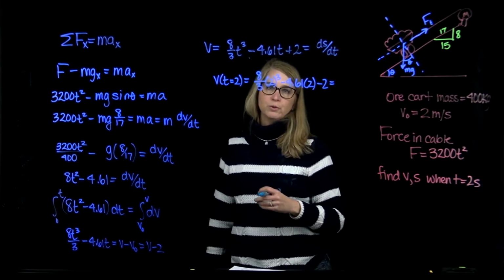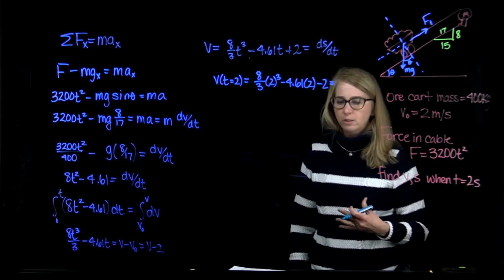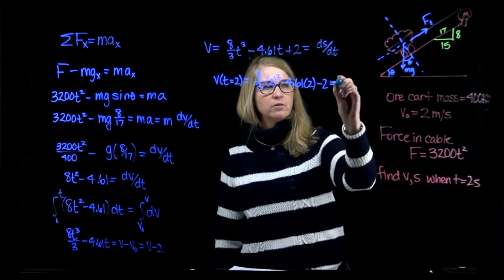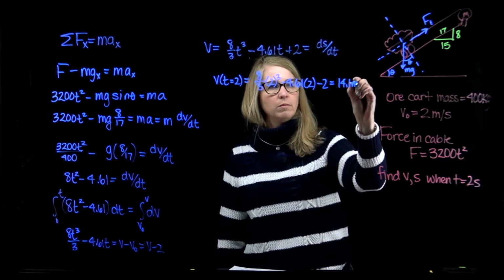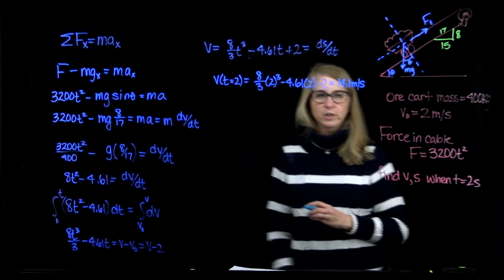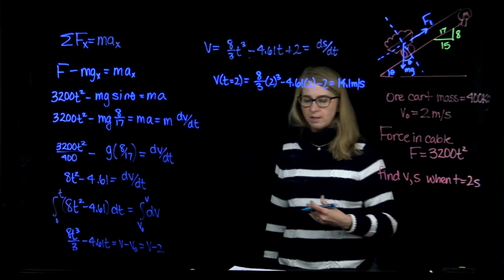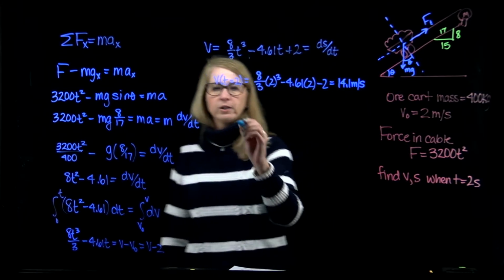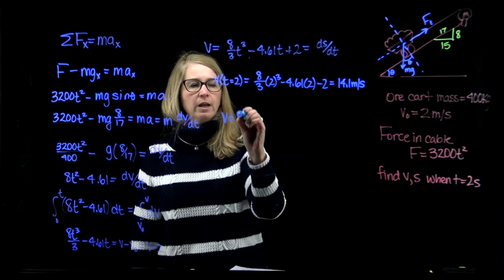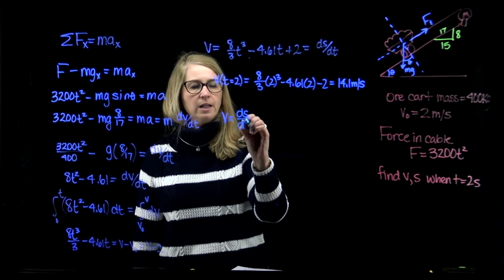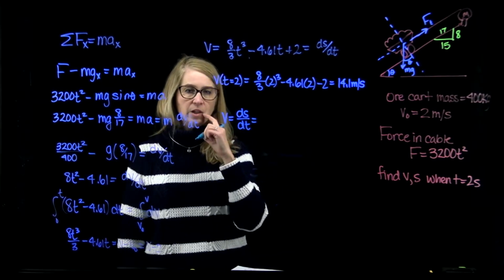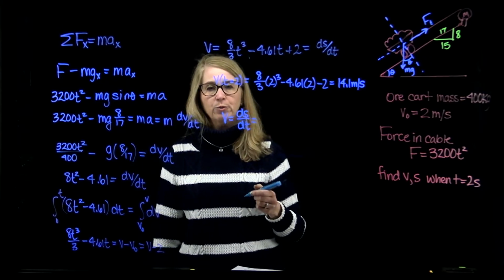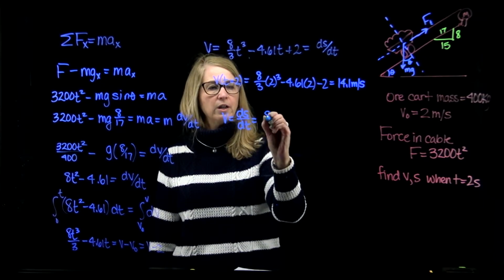And so through evaluation at t equals 2, I find the velocity is 14.1 meters per second. So I found my first thing that I wanted to find, which was that velocity. I'm going to take my expression for velocity and express it as ds/dt. And then I'm going to integrate that again so I can get an expression for position as a function of time.